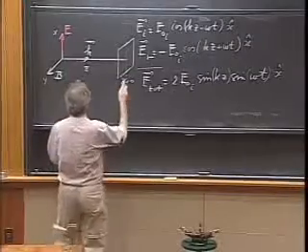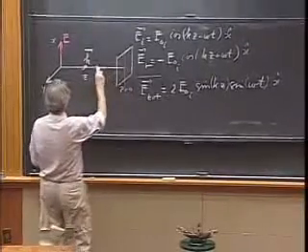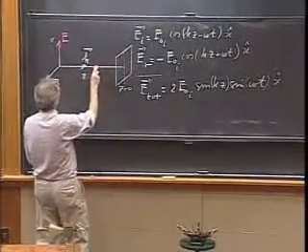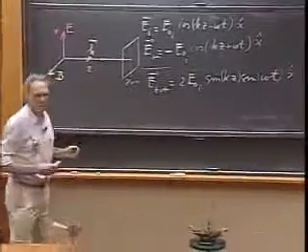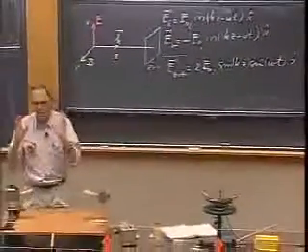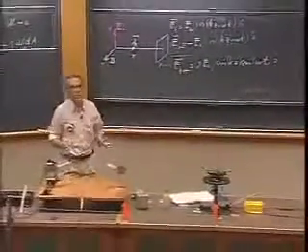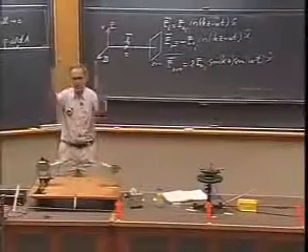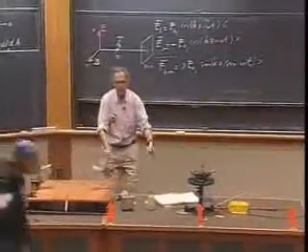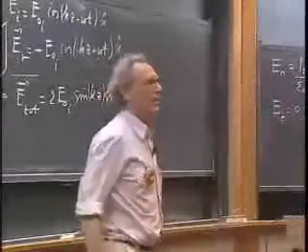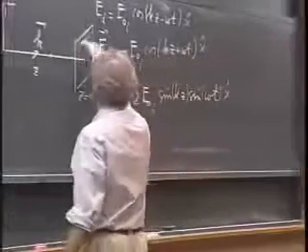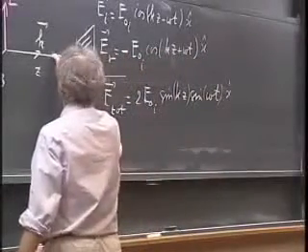And what that means is that there are surfaces perpendicular to the direction of z, where the E vector is always 0, an entire surface. We have now a nodal surface like this. And they are separated by distance 1/2 lambda. So this is a nodal surface, but this is also a nodal surface.